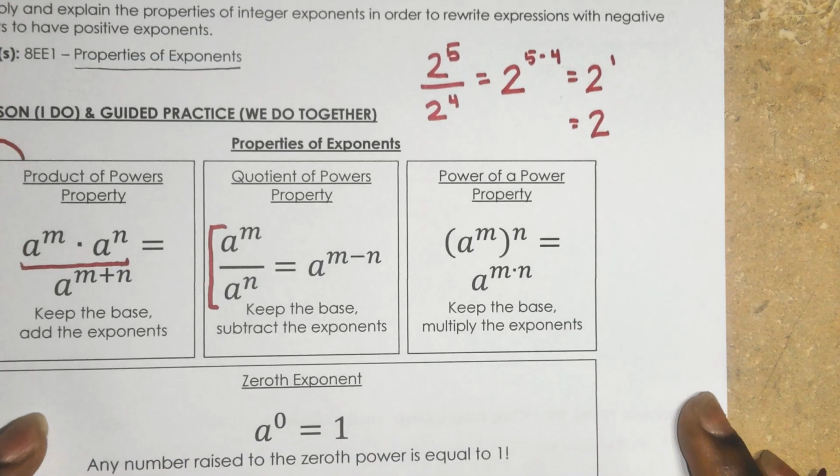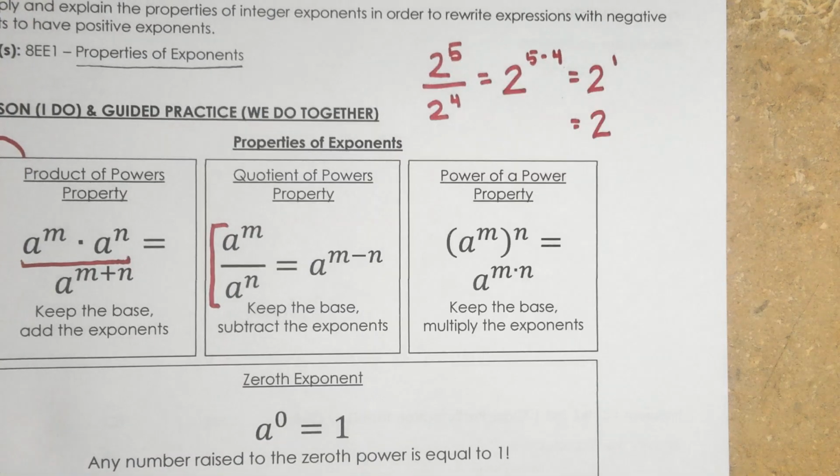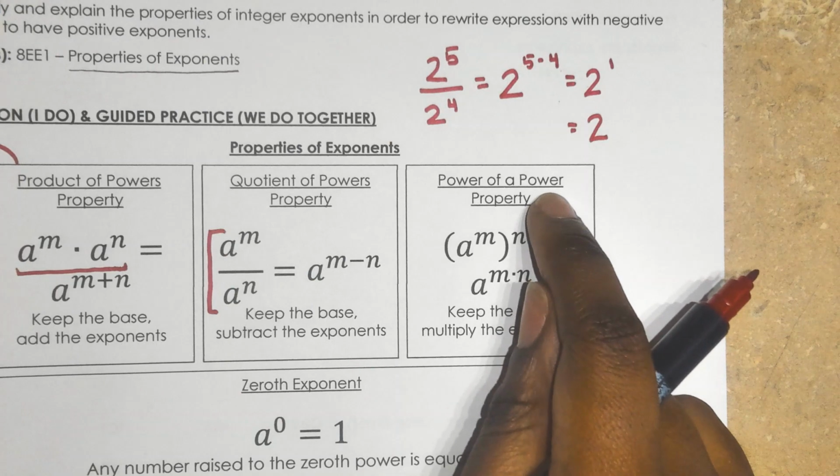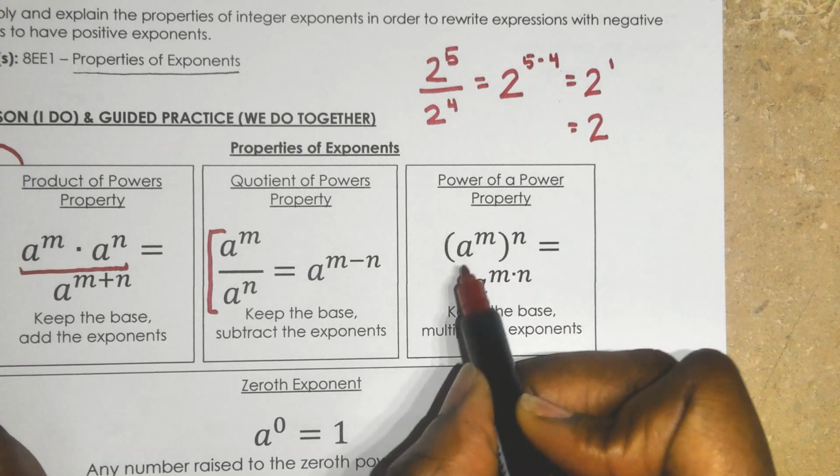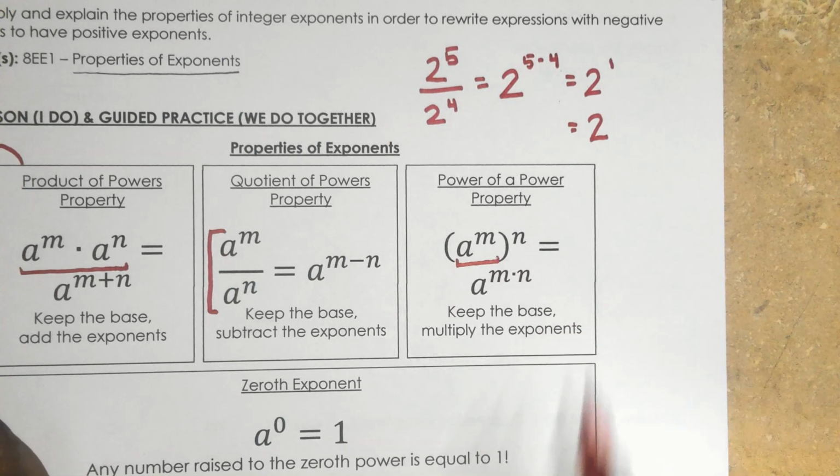And we also have the power of a power property. Alright, so that says when you are raising an exponential expression to another power, you keep the base and you multiply the exponents. So a to the m raised to the n power would be a to the m times n power.